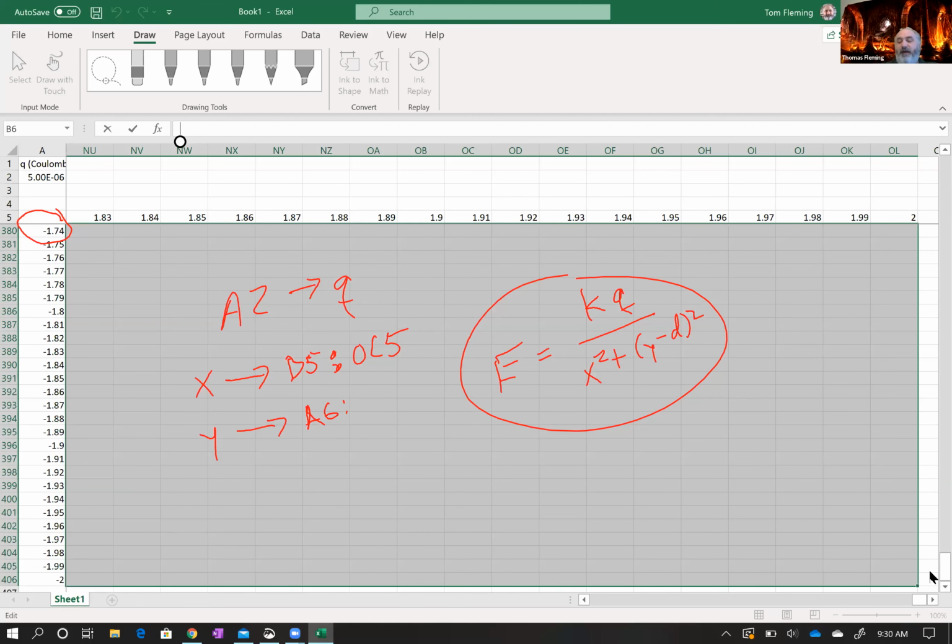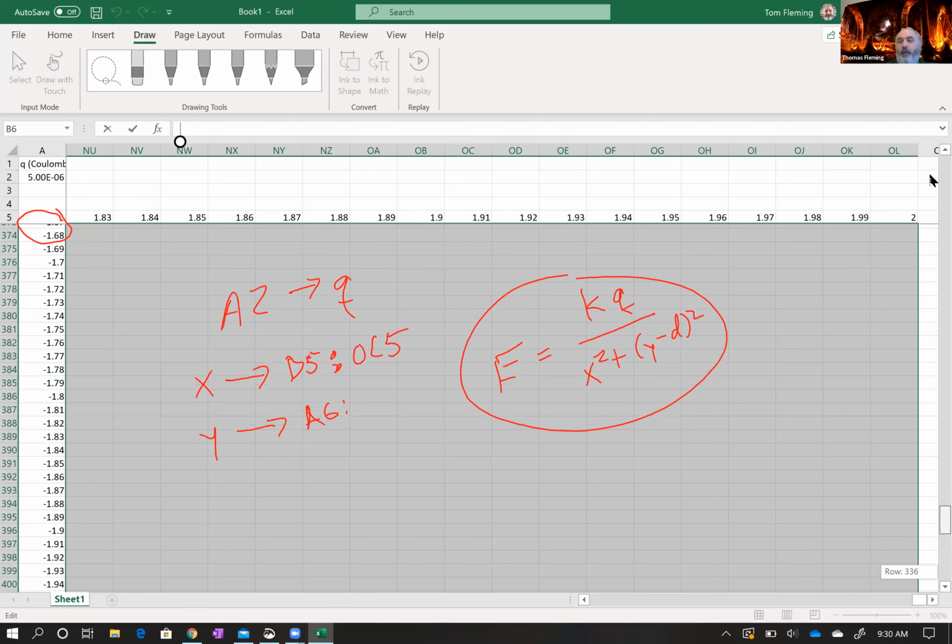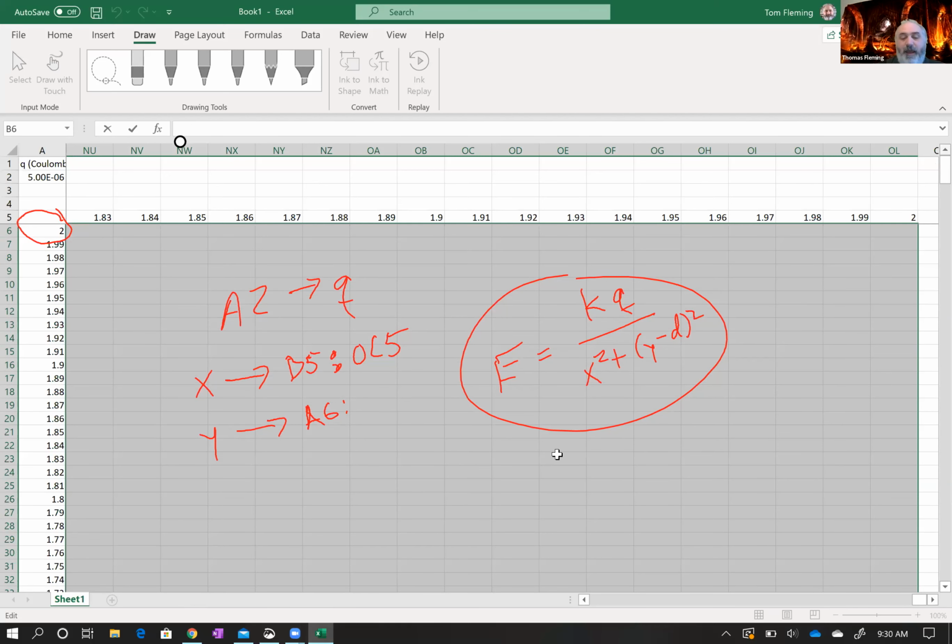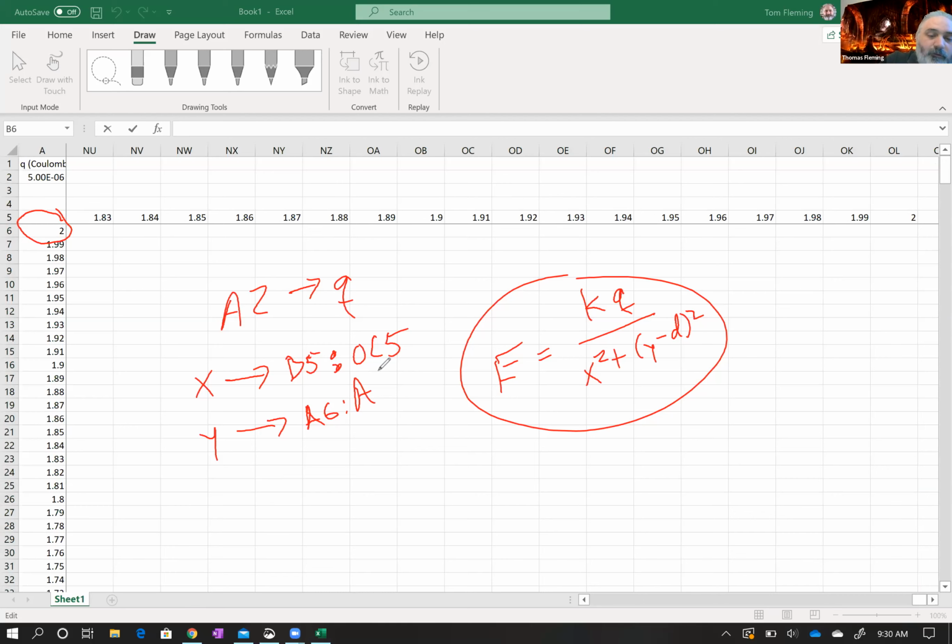So everywhere that I see in my formula the letter y, I'm not going to type y. I'm instead going to type A6 colon A406.